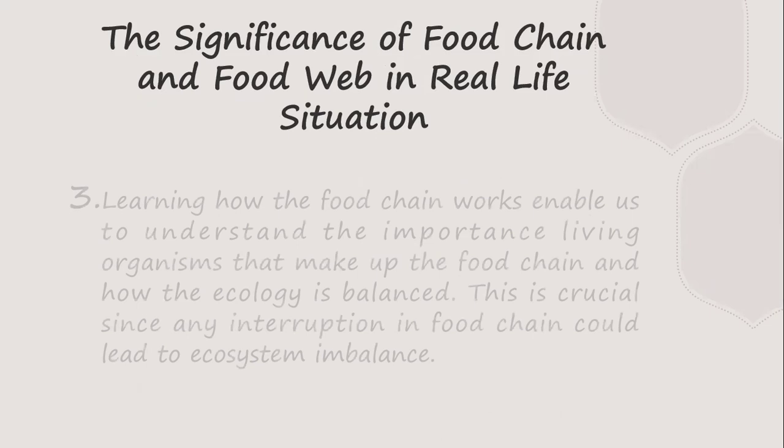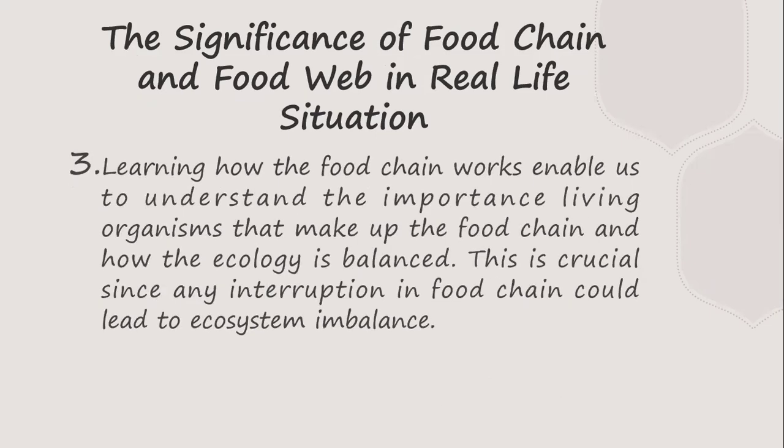The other one is that learning how the food chain works helps us to understand the importance of the living organisms that make up the food chain and how the ecology is balanced.